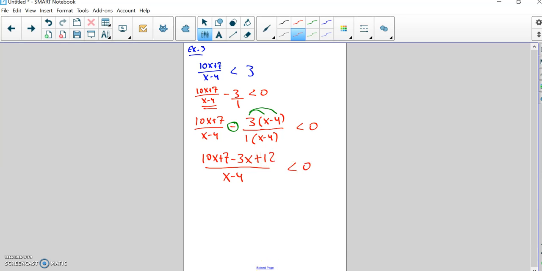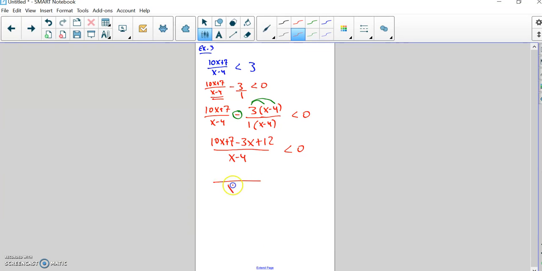Okay, and then we can go ahead and combine our like terms on the top. 10x minus 3x gives us a 7x, and 7 plus 12 is 19. So when we're done, we get 7x plus 19 divided by x minus 4. That is all less than 0.